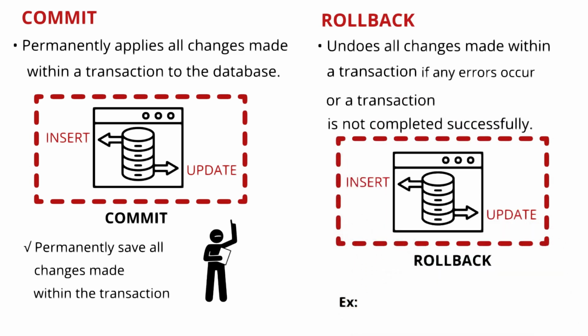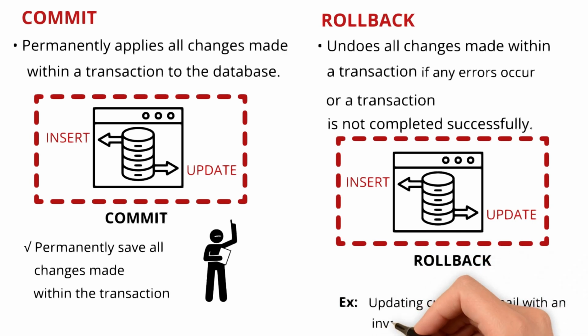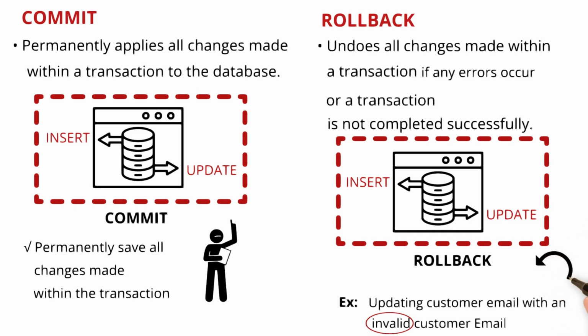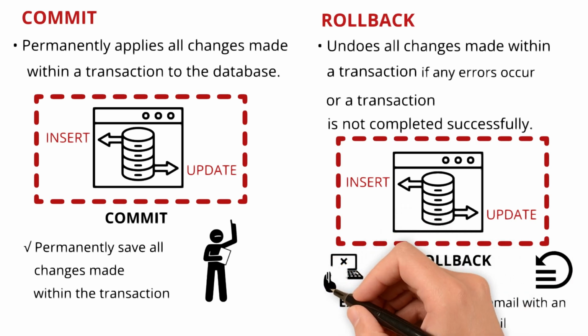Say, for example, you have updated a customer email with an invalid email ID and you don't want all the transactions to run with that invalid email. The moment you realize, you add the rollback command, which reverts all changes since the transaction will not be successful due to the error.